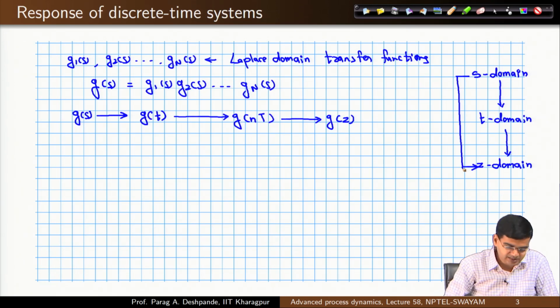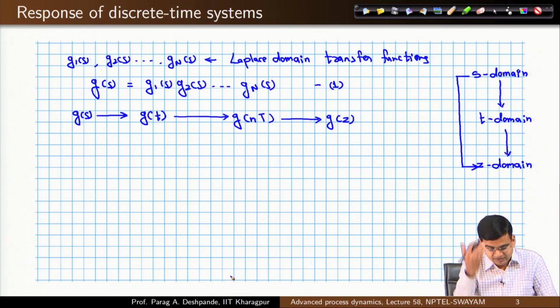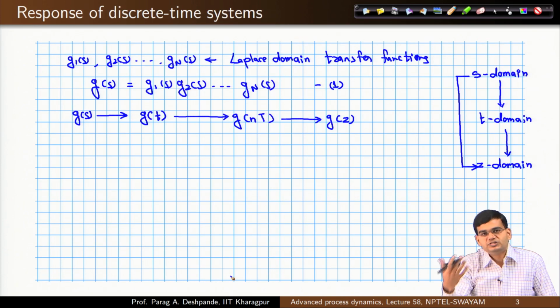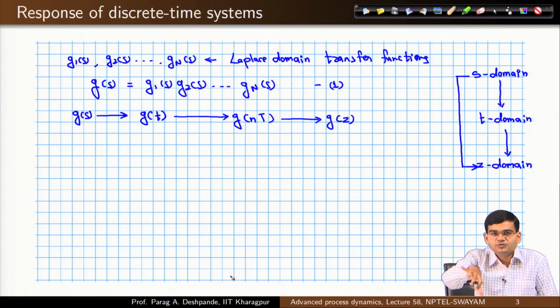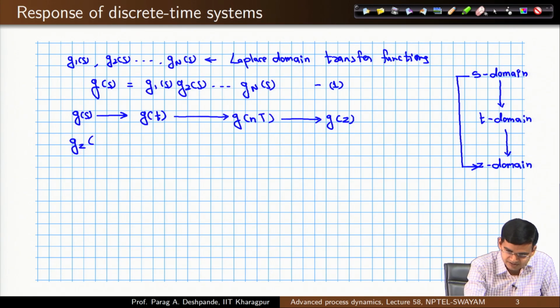right. So, what will I do? I now have g of s as this multiplication, right. So, I will get the overall transfer function, invert that to get g in terms of t, discretize it, and then again do the z transform, which basically means that g of z, let me write it in this manner, is what?